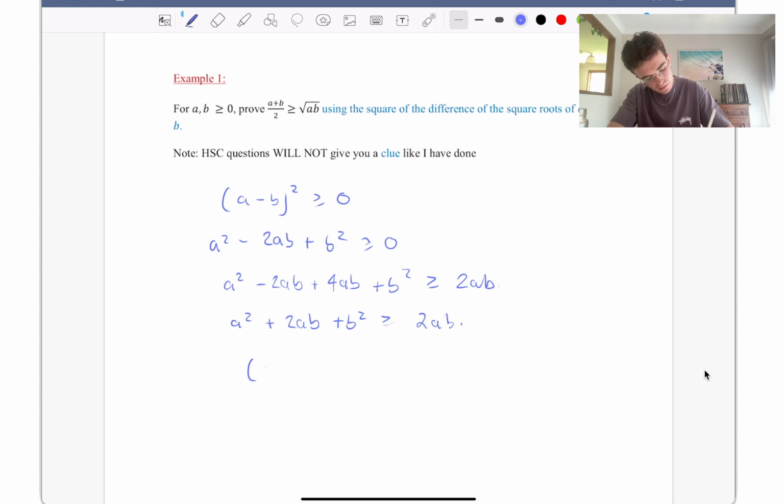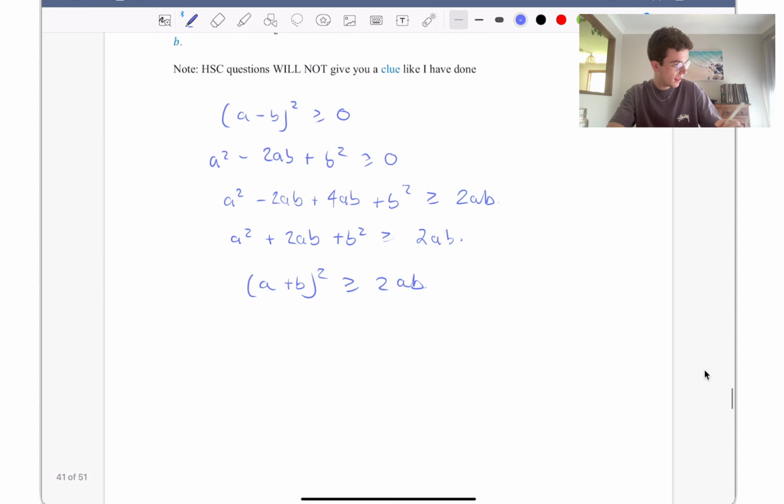Now this is a plus b squared. Sorry, we added 4ab to both sides. Square root both sides.